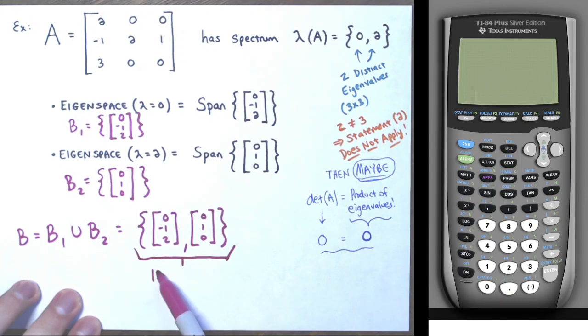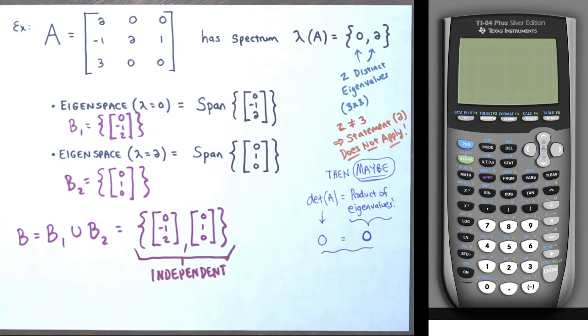I'll just write independent. Remember, another way to check is to make a matrix where these are columns, put that matrix into reduced echelon form or echelon form, and if each column is a pivot column, then all the column vectors of the original matrix were independent. You can do that too.